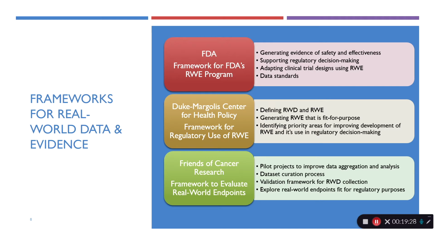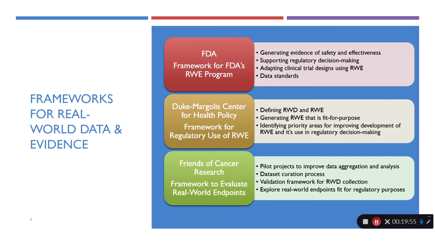From the Duke Margolis Center for Health Policy, which interestingly collaborates with FDA on real world evidence, their framework is more about defining what real world data and real world evidence is. You saw in Module 1 that we defined it a certain way based on FDA's language, but if you look across the readings and published papers on real-world evidence, you'll see that there are different definitions depending on who's talking about it.